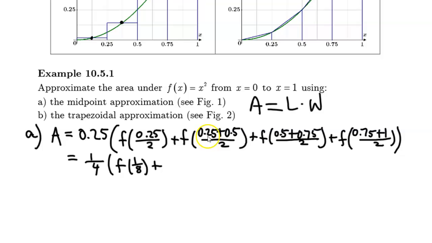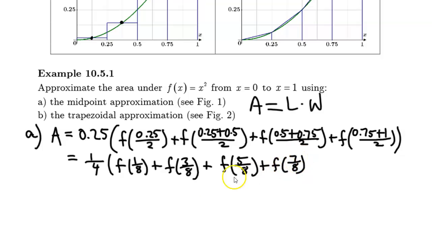And a quarter plus a half would be 3/4, divided by 2 would be 3/8, or 0.375 if you're using a calculator. A half and 3/4 would be 5/4, divided by 2 is 5/8. And 3/4 plus 1 would be 7/4, divided by 2 is 7/8.